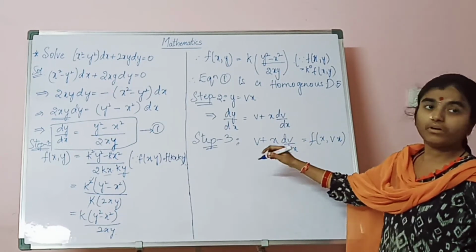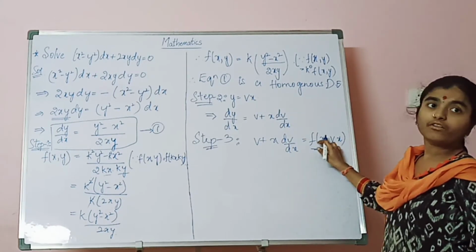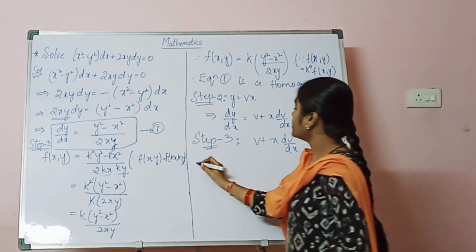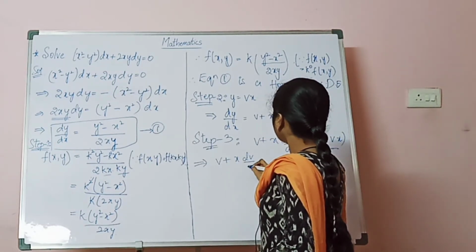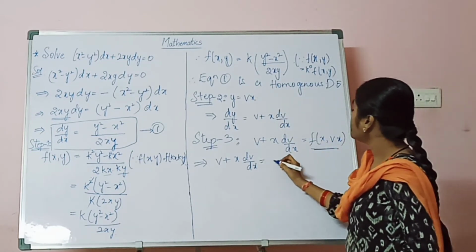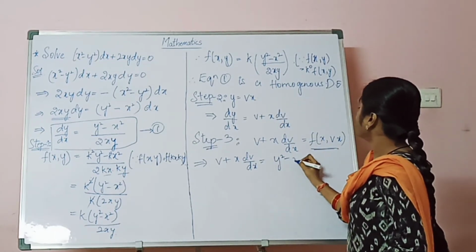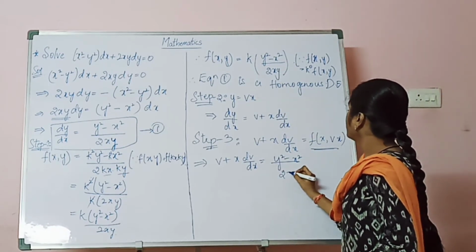We have to substitute in step 2 this f of x comma vx. So that implies v plus x into dv by dx equals, what is the homogeneous differential equation here? y square minus x square by 2 into xy.